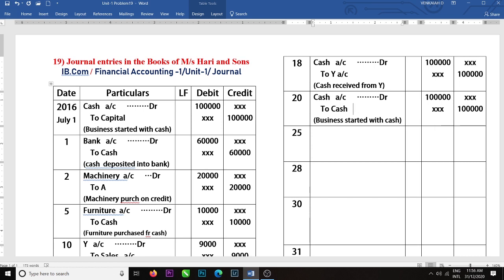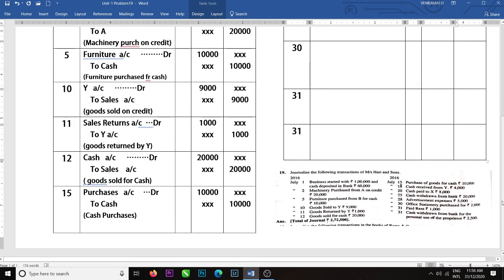Going out. What goes out will be credited. That's why cash is credited. To whom did we pay? X. X is which type of account? Personal account. X is the receiver or giver? Receiver. The receiver will be debited. So the entry will be X account debit to cash account.